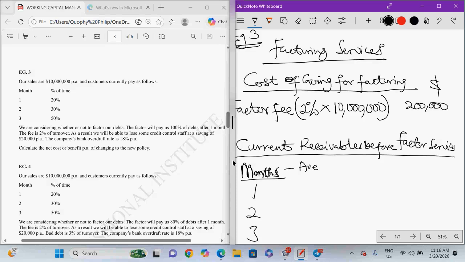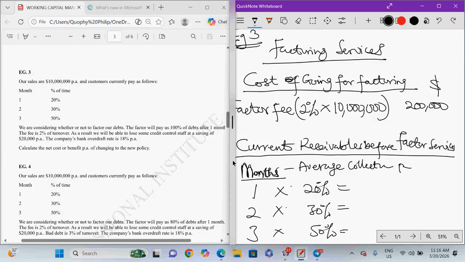So what would be our average collection period? So we said 1 month times 20%, and then this one times 30%, and this one times 50%. So what are we getting?